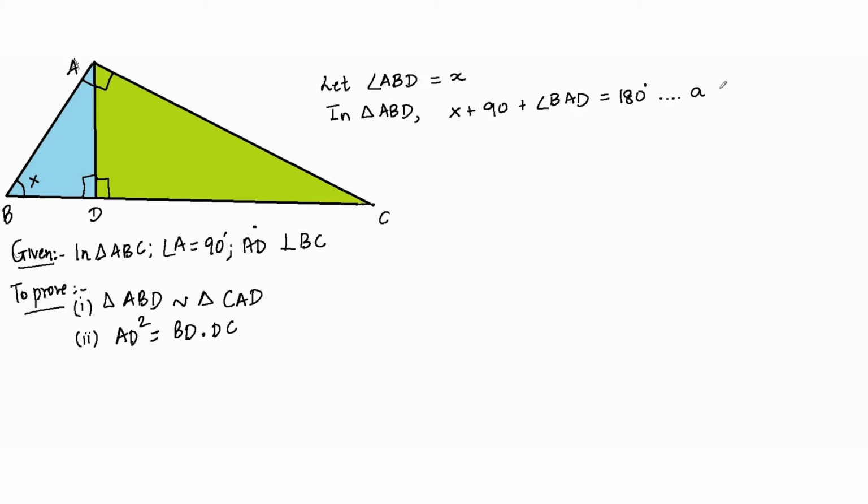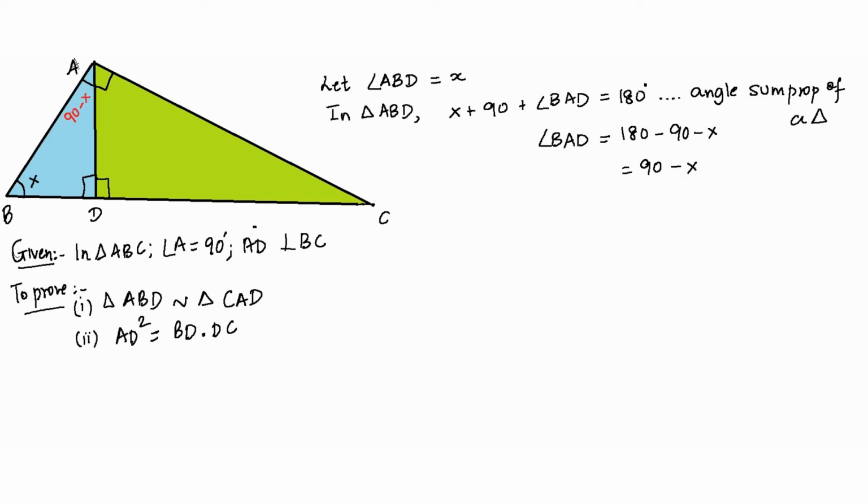This is because of the angle sum property of a triangle, right? Therefore, if this is angle X, then we can compute angle BAD. Angle BAD therefore will be 180 minus 90 minus X, which is basically 90 minus X. Therefore, I can say that angle BAD, this particular angle, is 90 minus X, correct?